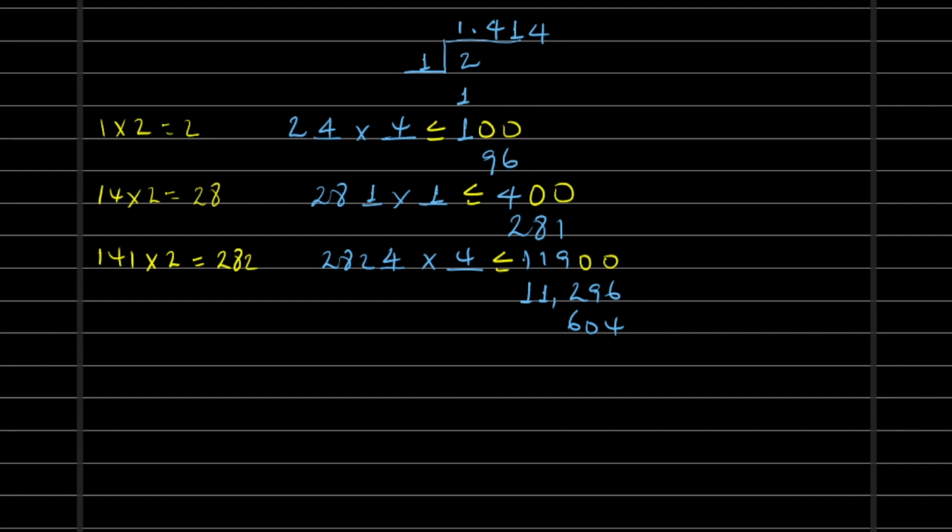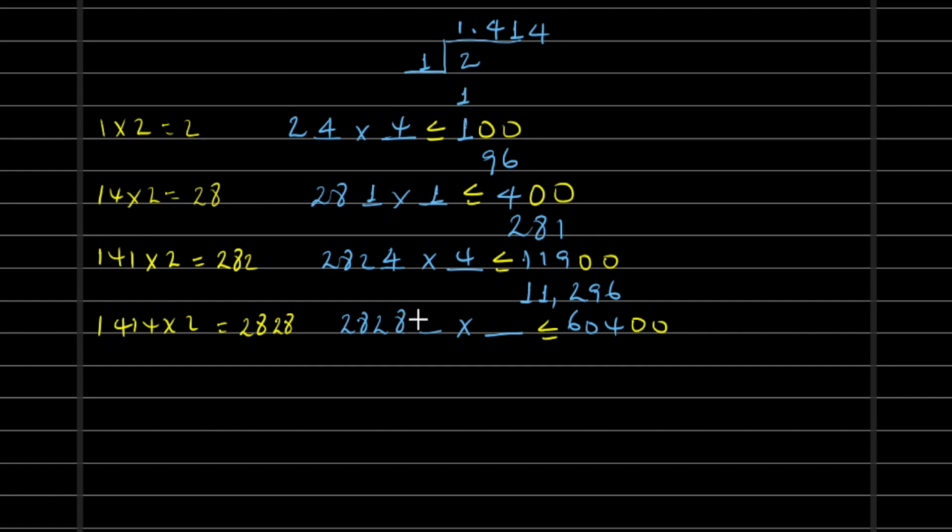And similarly, add 2 zeros. Let's double 1.414, making 1,414 times 2, which equals 2,828. So when we insert a digit here and multiply by this digit, this number must be less than 60,400. So what is this number?